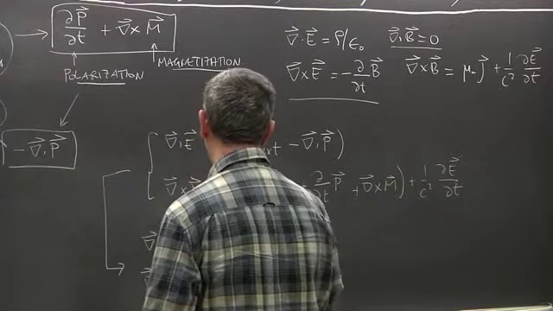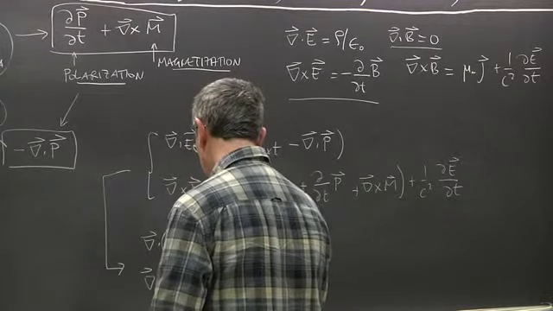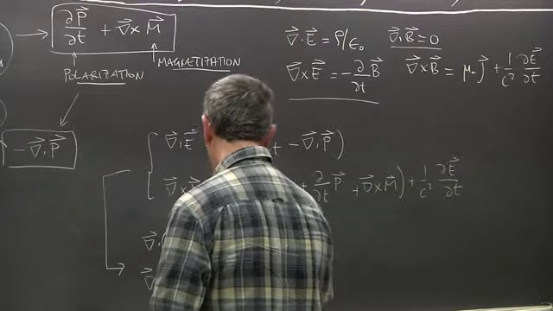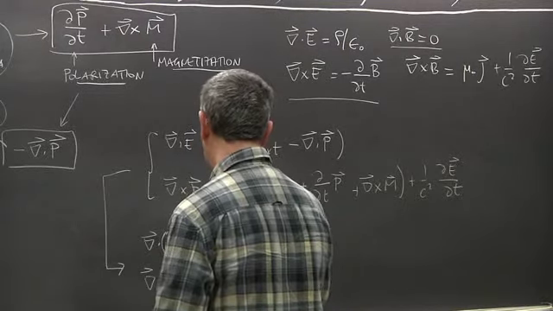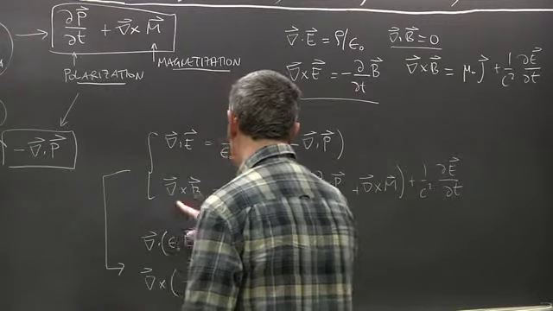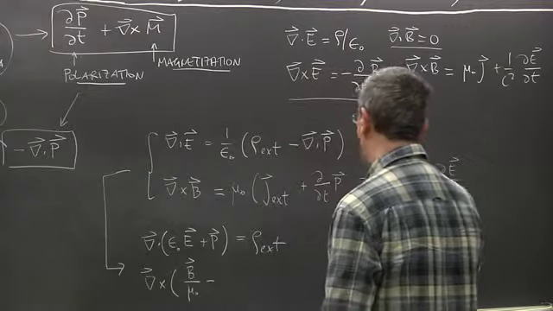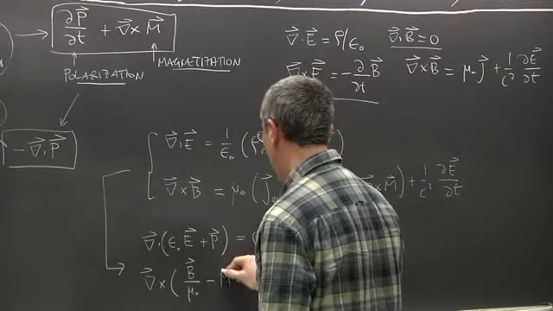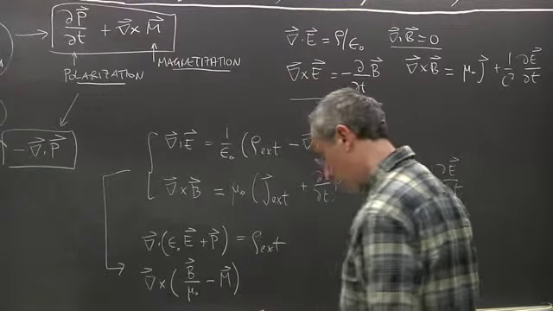I have the curl of this B, right? Let's say write it this way. I take the mu naught and take it to the other side. So I have the curl here, then I have a curl of M, but it comes with a plus. I take it to the other side, I get minus this magnetization.